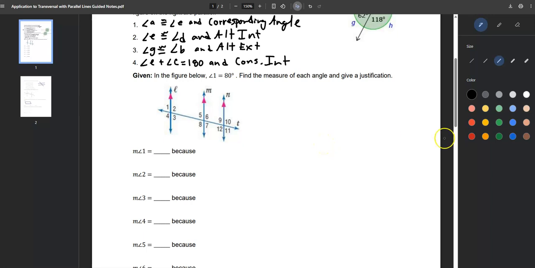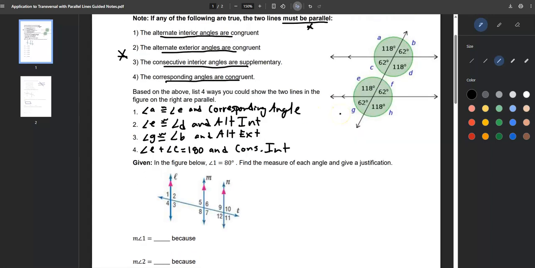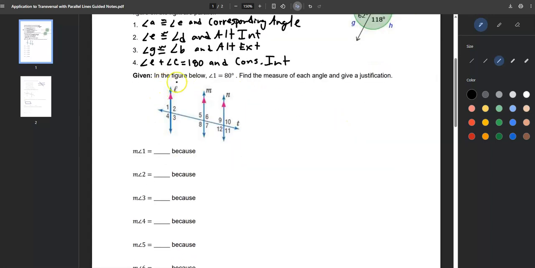Another application, I can find different measurements of angles just because they're parallel. So a little bit of notation here. In this figure, angle 1 is 80 right here. And then I want to find all the others and give justifications. These little pink arrows state that these 3 lines are parallel to each other.